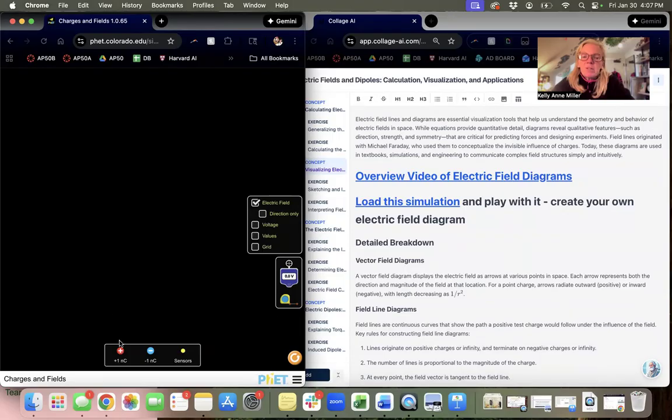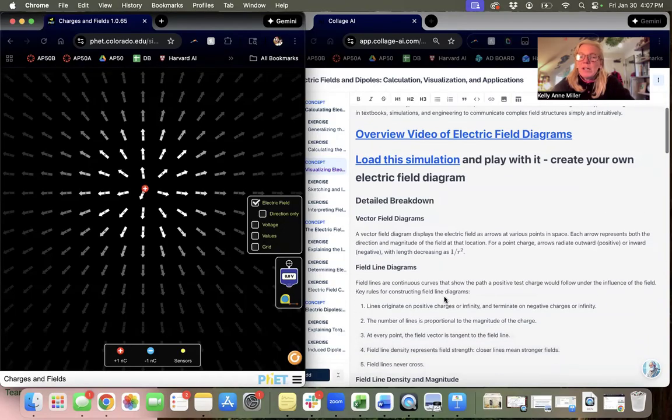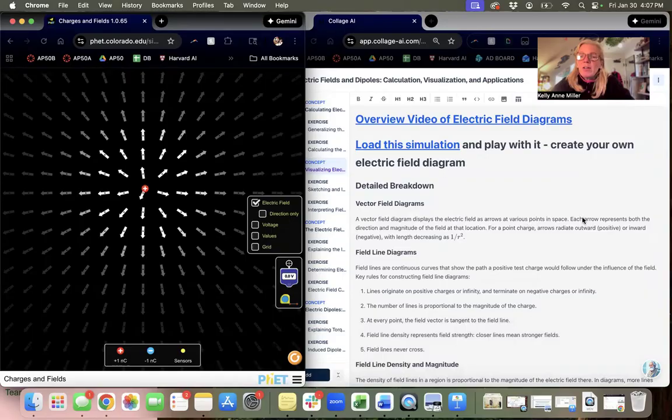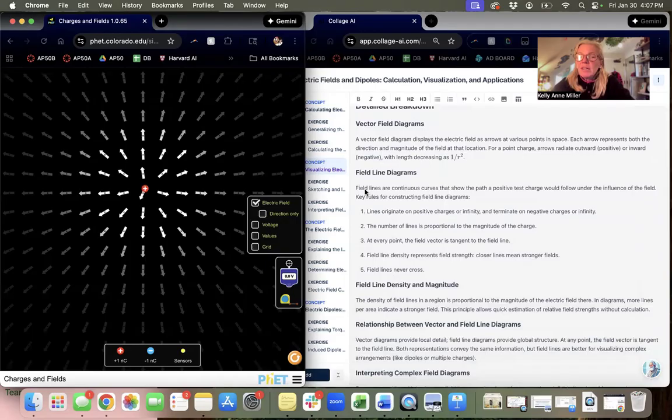The way this simulation works is you've got this blank space here, and you can pull charges up into the space and see what the electric field looks like. Let's go through some of these points. Each arrow represents both the direction and the magnitude of the field at that location. The convention says that the lines originate on positive charges or infinity.